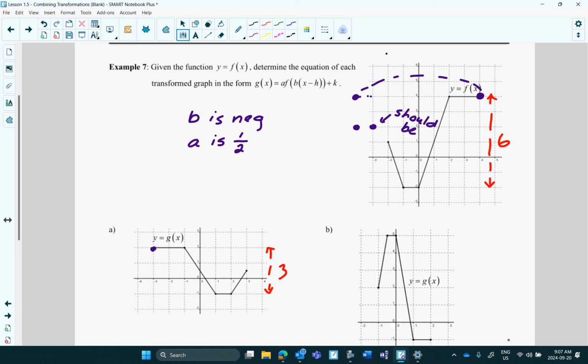So it shifted how? Because remember, all the stretches are done, all the flips are done. The only thing left now are the shifts. It shifted one to the right, horizontally, right? Which affects what letter? H. And it's 1.